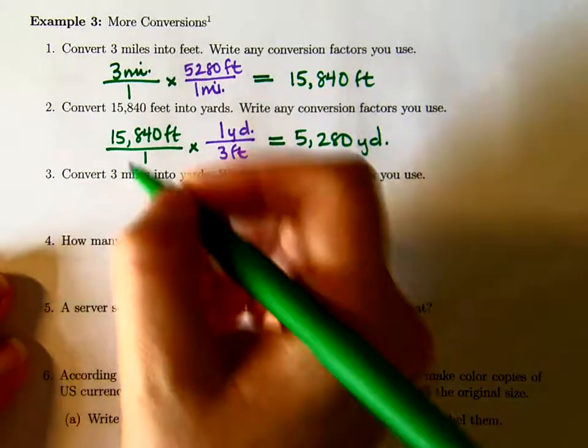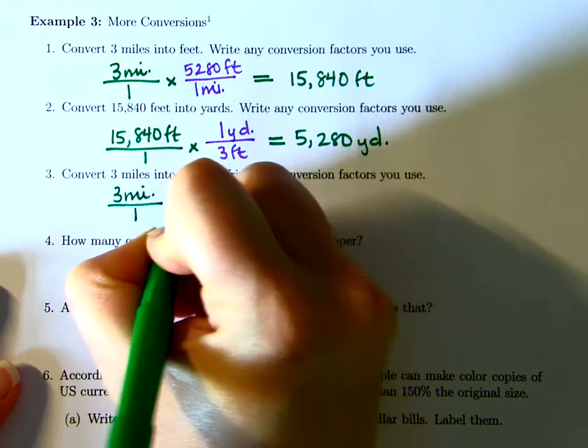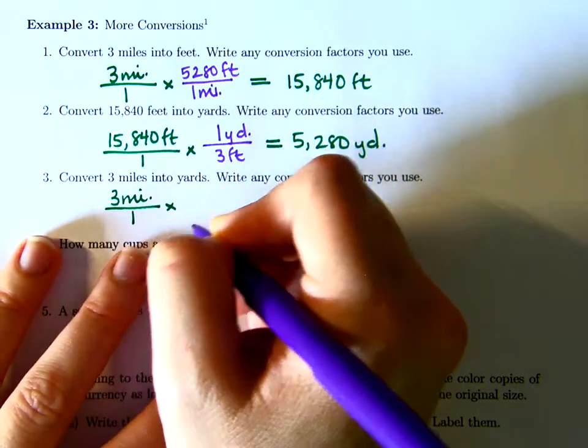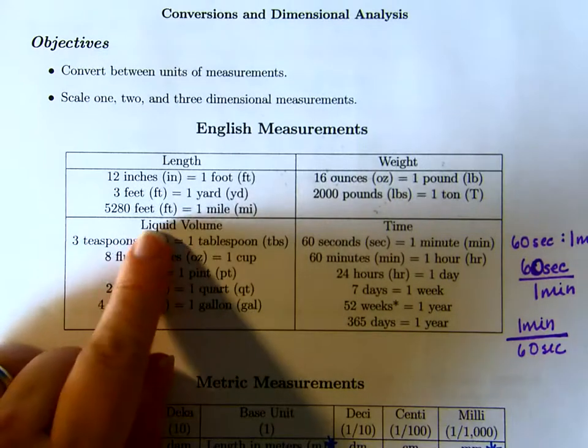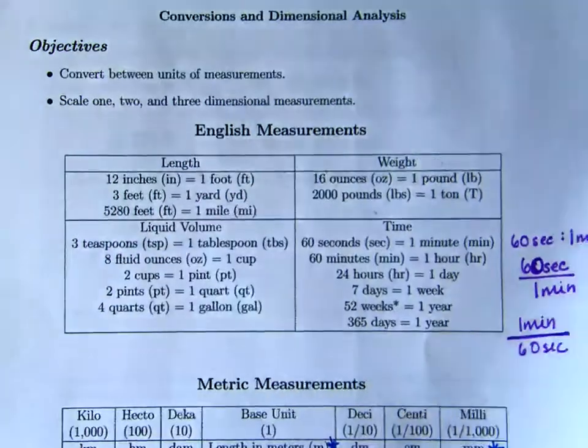Okay, convert 3 miles into yards. Okay, so 3 miles is the whole. Conversion factors. So we would still have to go through the same process: miles to feet, feet to yards.